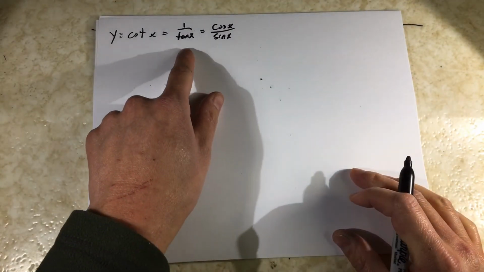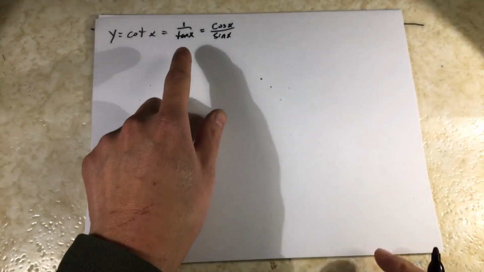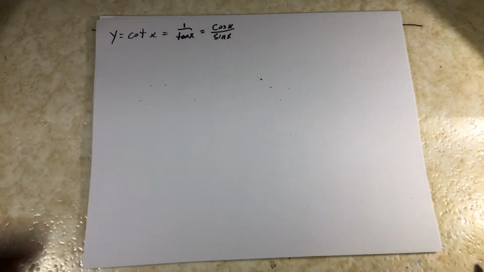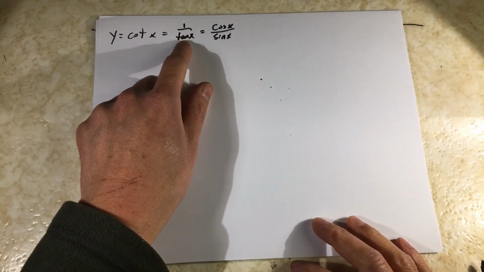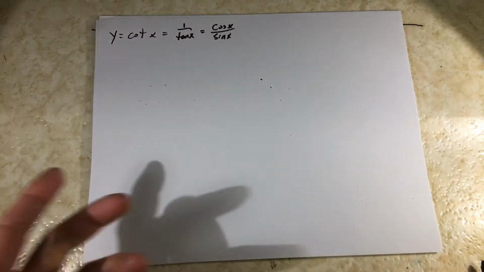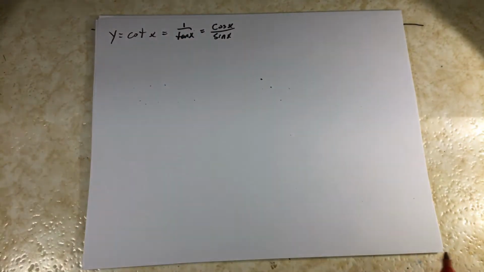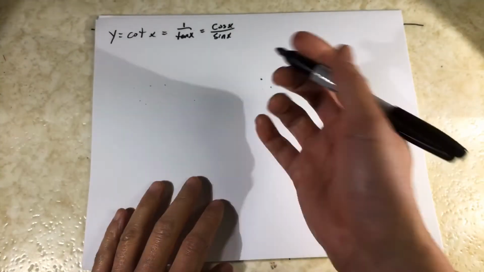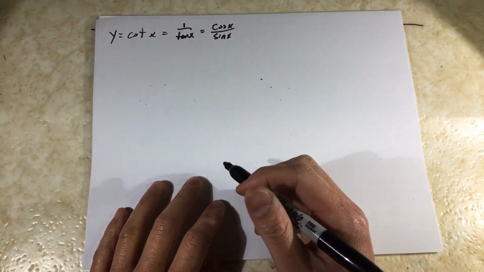We could do a tan x, but I think it's more clear to go through the same procedure with cosine over sine. The reason is that tangent has vertical asymptotes, it goes to infinity, so you have to deal with 1 over infinity, which we could do, but it's more fitting for this pattern if we just do cosine over sine.